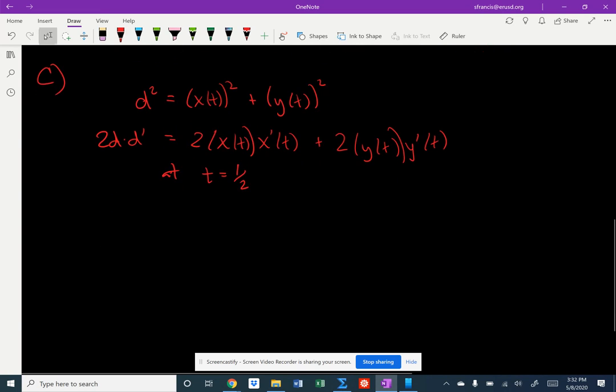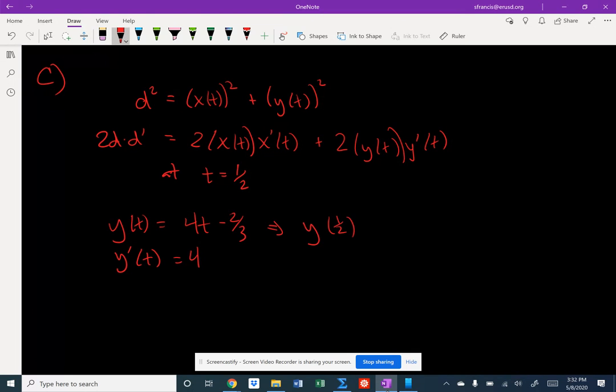I didn't think too closely about this ahead of time, so I'm going to have to do a little bit of thought here. Now, we haven't used y of t yet. That was just 4t minus 2/3. And so I need y prime of t, so I can put that up there. Y prime of t is going to be 4, no matter what t is. So let's just do this right here.